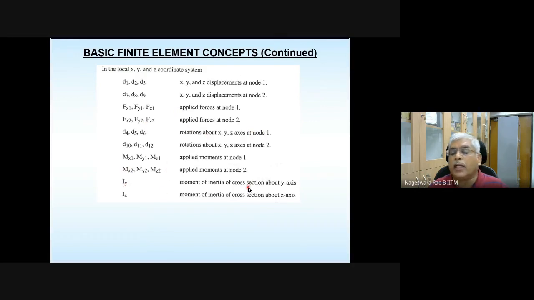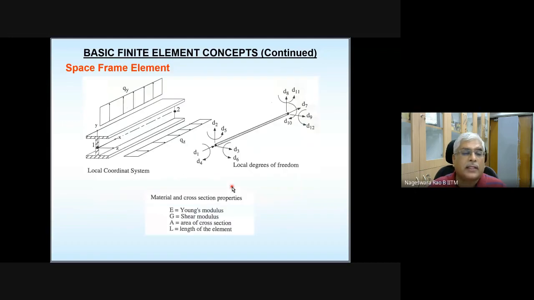And because it's undergoing bending in two planes, xy plane and xz plane, you require to know what is moment of inertia of cross section about y-axis, local y-axis, and z-axis. In a way, you need to know moment of inertia about minor axis as well as major axis. Even though here the section is shown to be I section, you can have different shapes of sections.